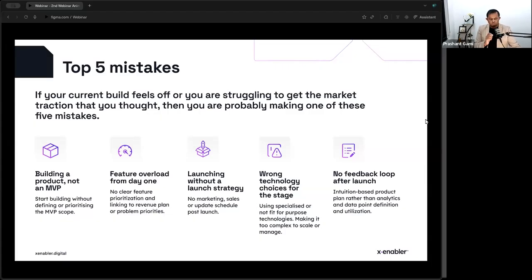Launching without a launch strategy. What that means is you build the product, and a lot of us believe that if you build a great product, people will come. Not necessarily true, because if your product is great but nobody knows about it, nobody knows the benefit of your product, then you might not even have a market.